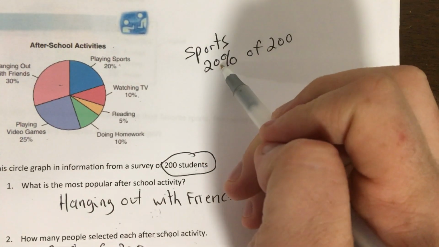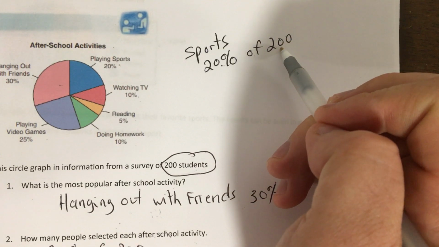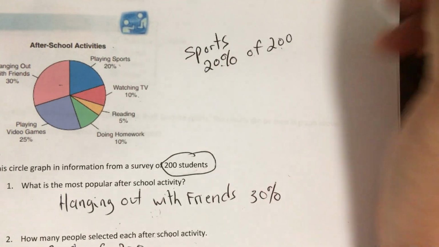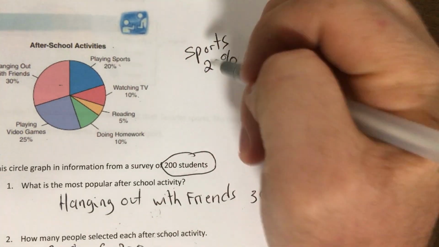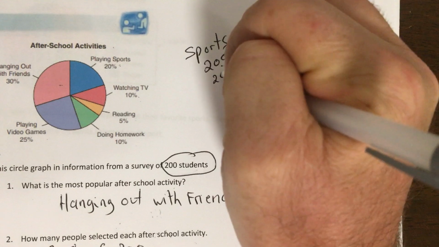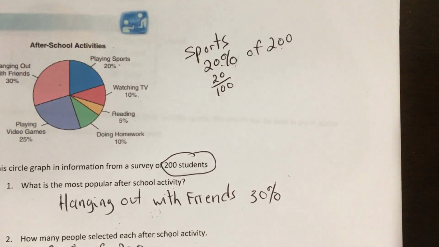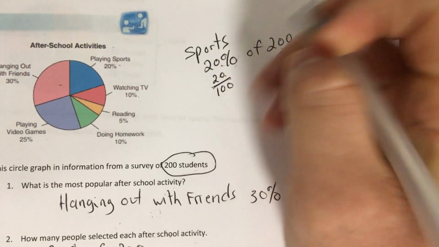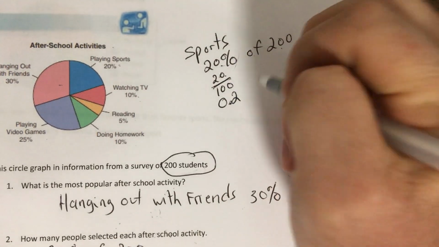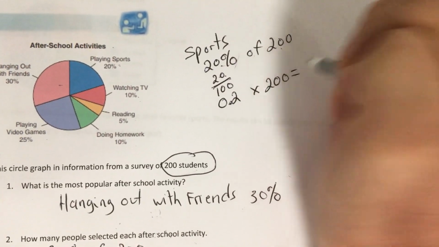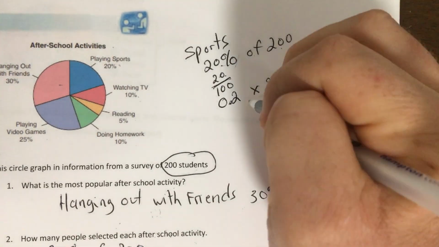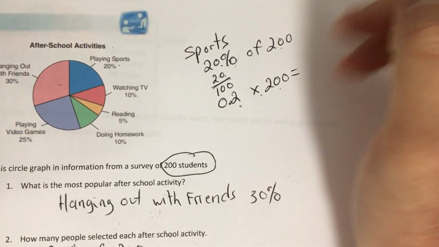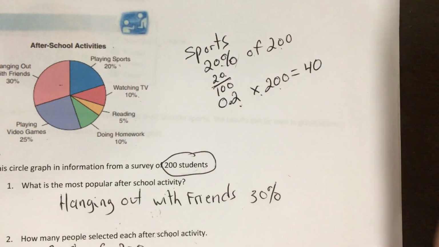To find 20% of the 200, we need to multiply. How do we do that? We turn our percent into a decimal. If you did that by turning it into a fraction, 20 divided by 100, that's 0.2, and then we just multiply by that. So 0.2 is equivalent to 20%. Multiply it by 200, we got 40.